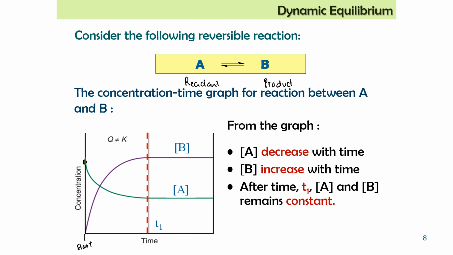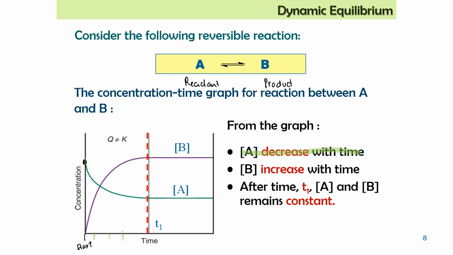As time increases, for example 10 seconds, 20 seconds, 30 seconds and so on, the concentration will slowly decrease. You can see the concentration of A decreases with time. So let's focus until the red dotted line first.